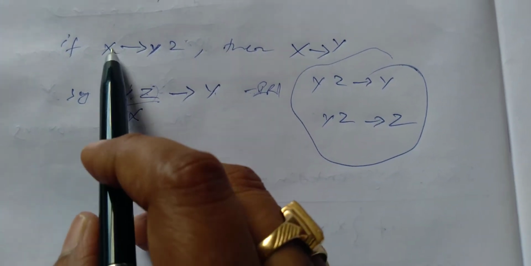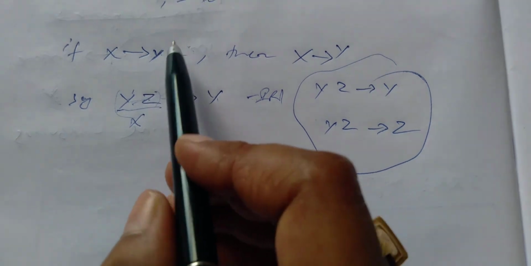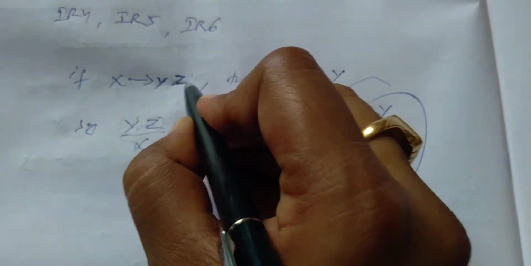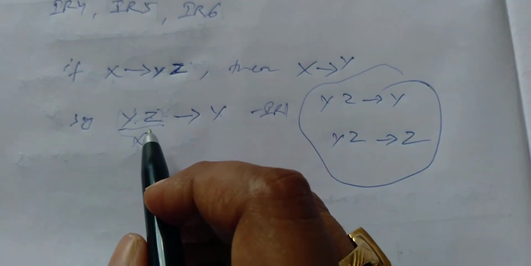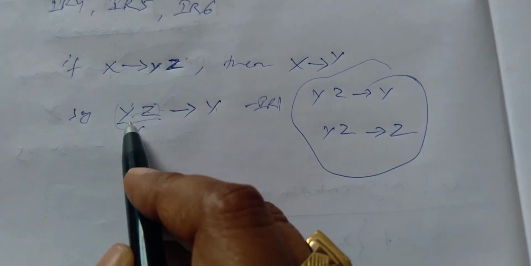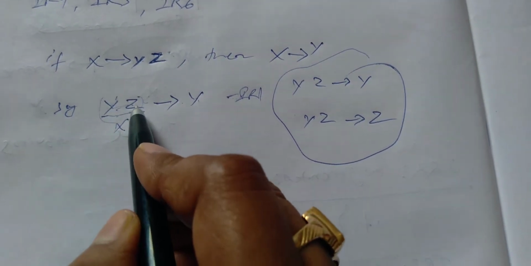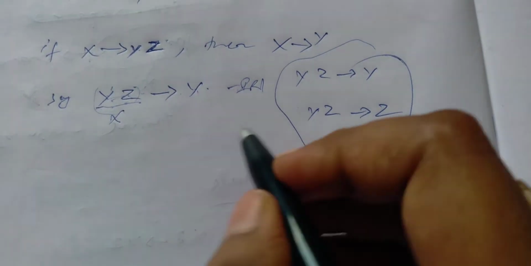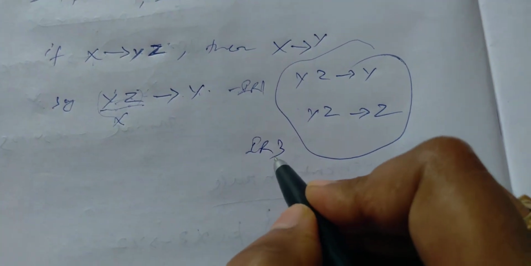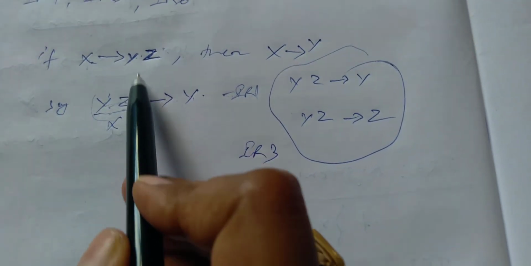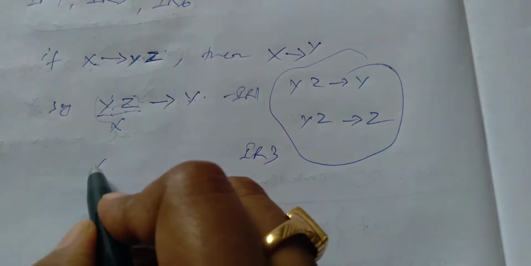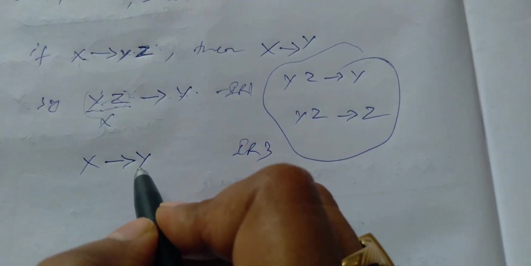Now what you got? X is determining yz, that is previously given. This you derived, that is yz can determine y. Now you apply IR3 transitive rule. X determines yz, yz determines y, then x can determine y.